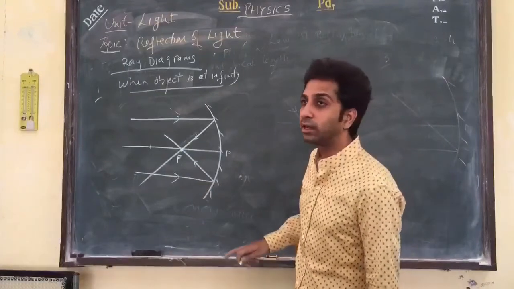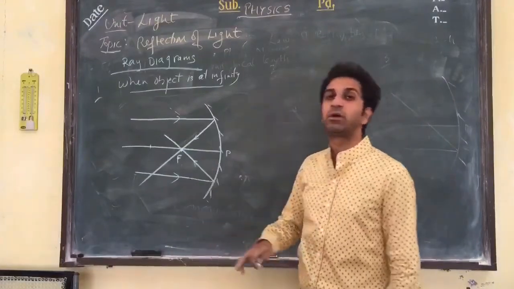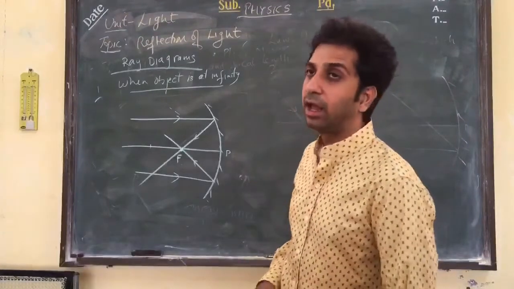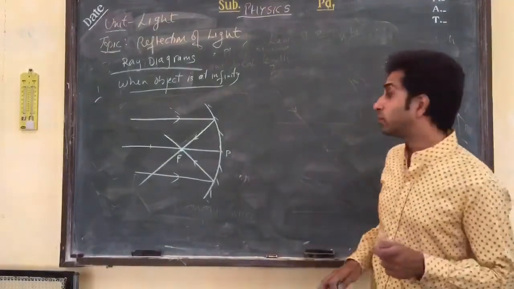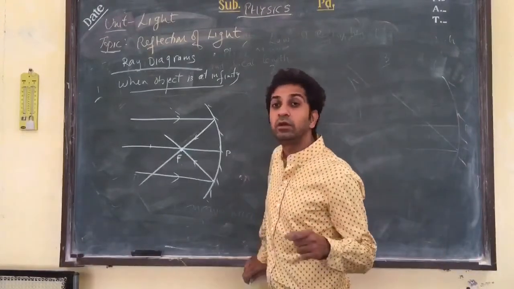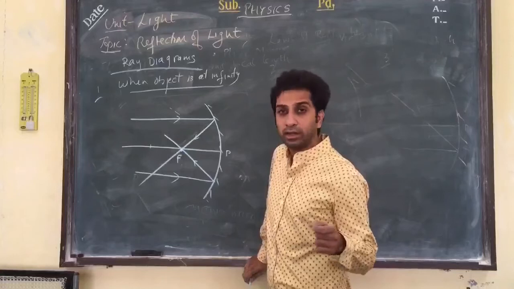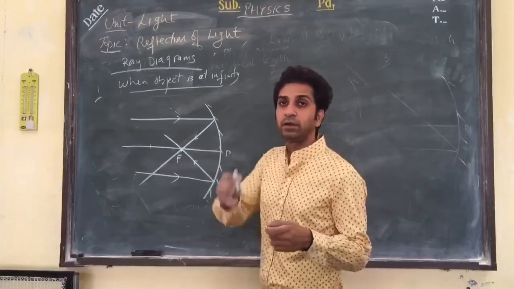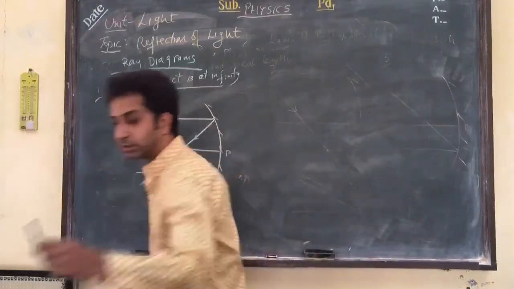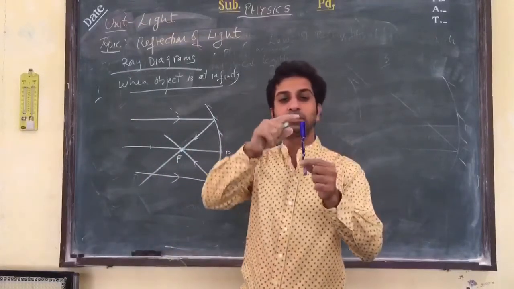So we can say that in this the image is formed at focus as well as the image is real. And always remember, real images are always inverted in nature. They are not erect. Inverted means, this is the object, straight forward, like this is the object, this is the tip.